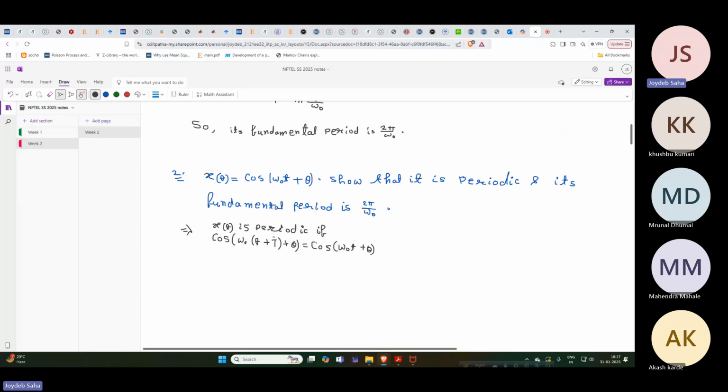Okay, so x(t) is periodic if this condition holds.